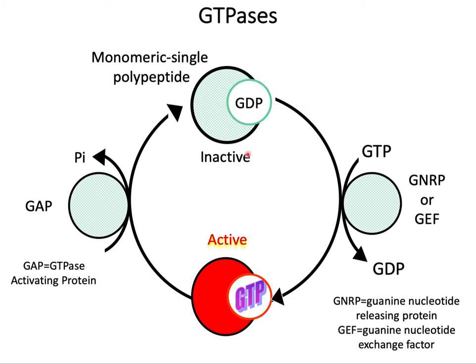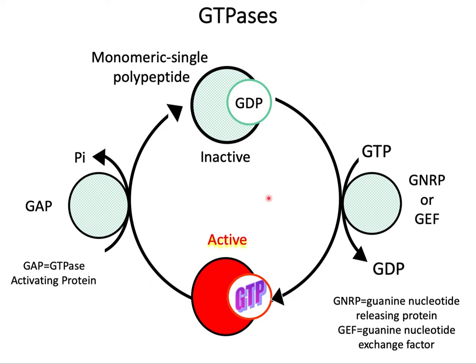When a GTPase is bound to GDP, the protein is inactive, and when it is bound to GTP, it is active. They can toggle between the inactive and the active form based on GDP or GTP, so they are called molecular switches.